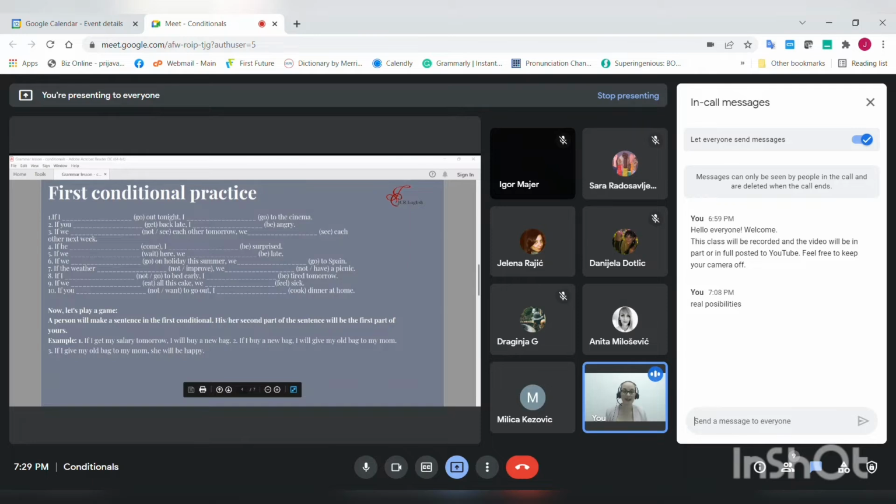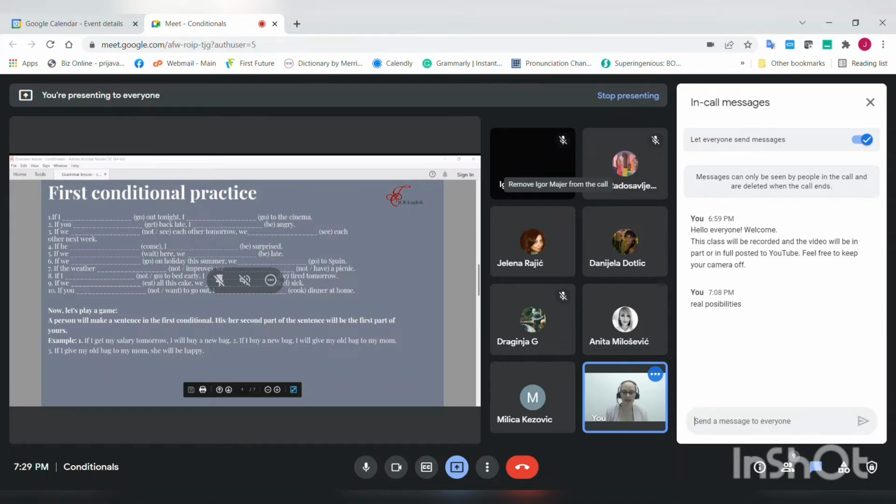Now we're going to play a game, and to be a little faster, everybody can be ready to turn on their microphones. So this is how we're going to do it. One person will say a sentence in the first conditional. The next person will start with the second part of the first sentence and make another one.